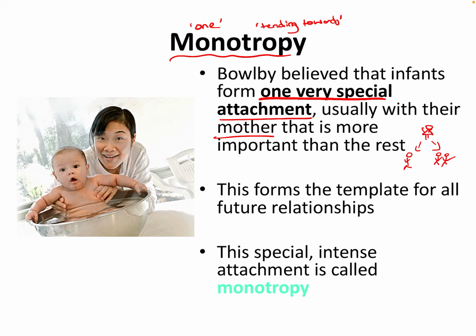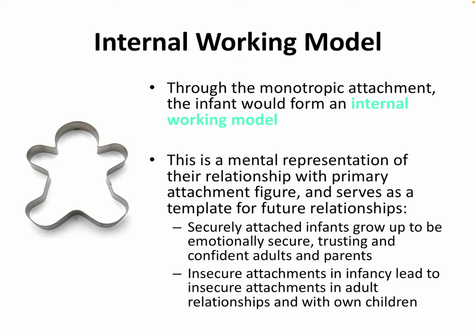And this attachment, this intense, special, highly pleasurable relationship is known as monotropy, because we form one attachment to one very special person, which is usually the mother. And what's critically important is that this relationship, this monotropic relationship, forms the template for all future relationships.